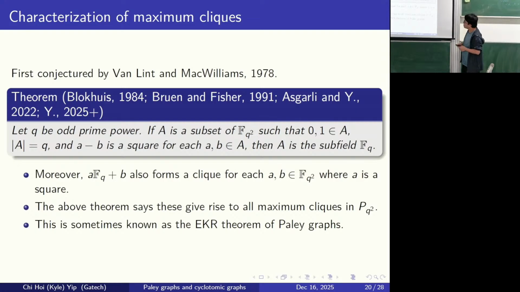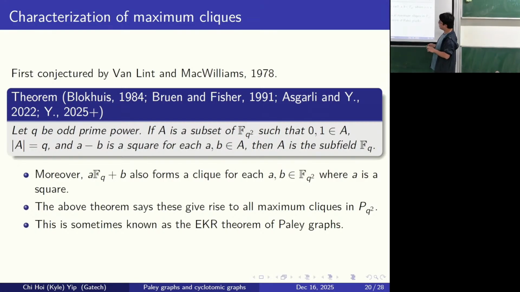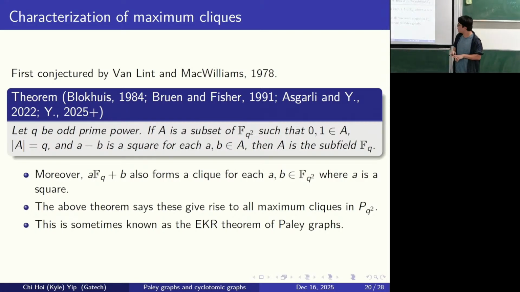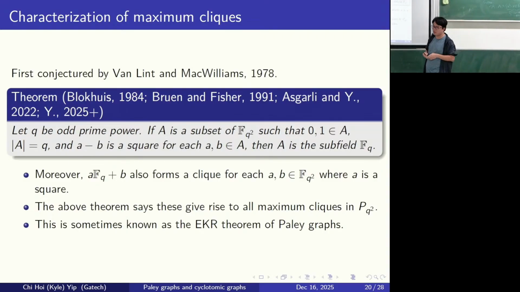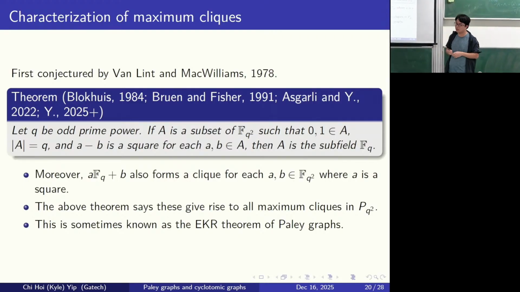This result is also sometimes known as the Erdős-Ko-Rado theorem for Paley graphs, because if you think about this subfield, it is kind of like the obvious clique. The Erdős-Ko-Rado theorem is essentially about a certain kind of intersecting family, and we want to say that all the maximum intersecting families should be the obvious ones, like stars.